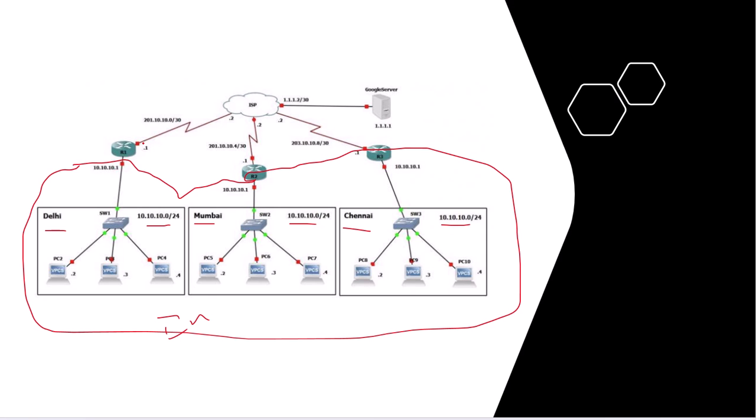When traffic goes outside to the internet and ISP, it is connected via these interfaces, all connected via public IP. These two interfaces are connected via this public subnet, and these two interfaces are connected via the public subnet. This is Google DNS 8.8.8.8, used as a public IP.